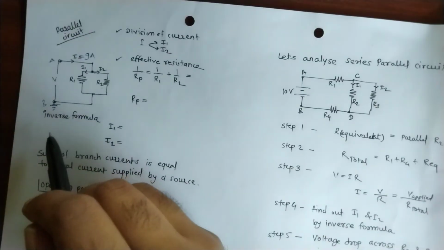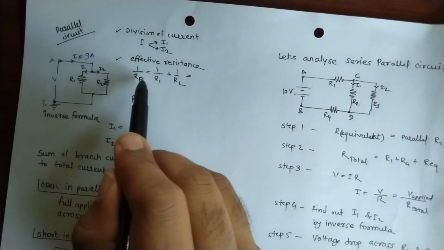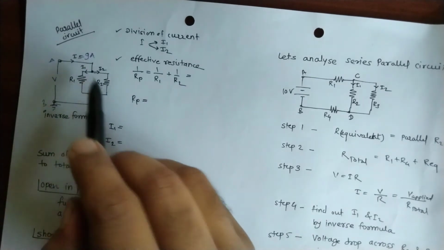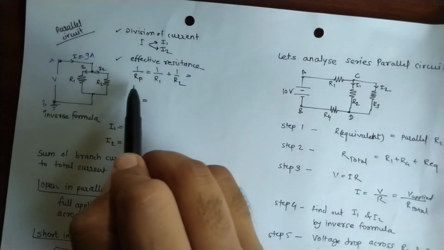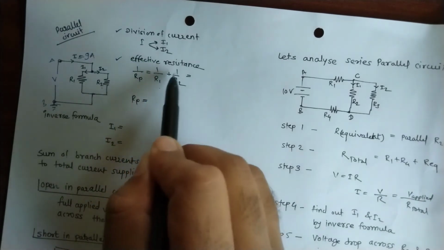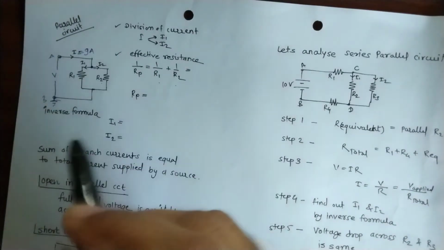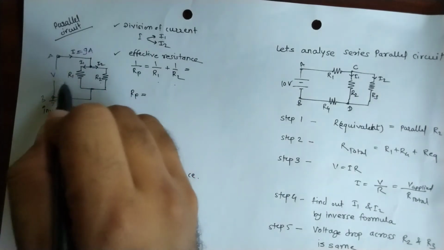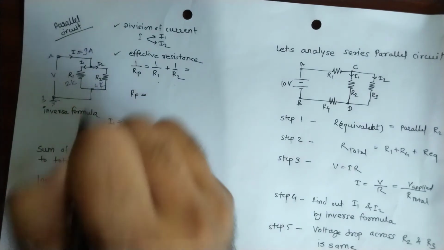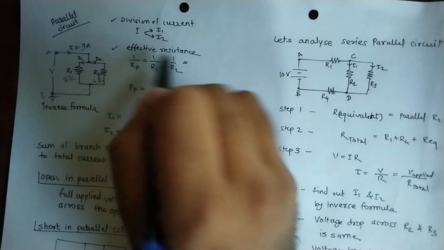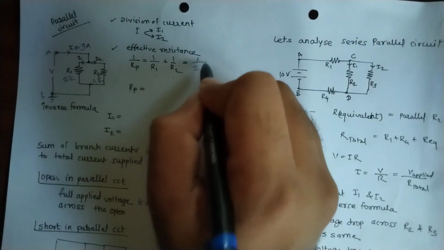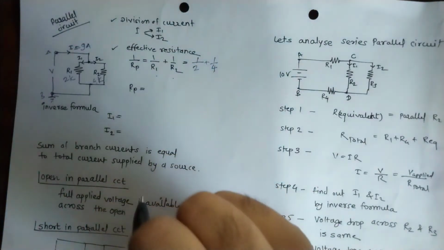As we know, to find the resistance in the circuit, we use the formula 1 upon Rp is equal to 1 upon R1 plus 1 upon R2, right? We will take R1 as 2k and R2 as 4k. So what is the effective resistance in the circuit? 1 upon Rp is 1 upon 2 plus 1 upon 4, right?